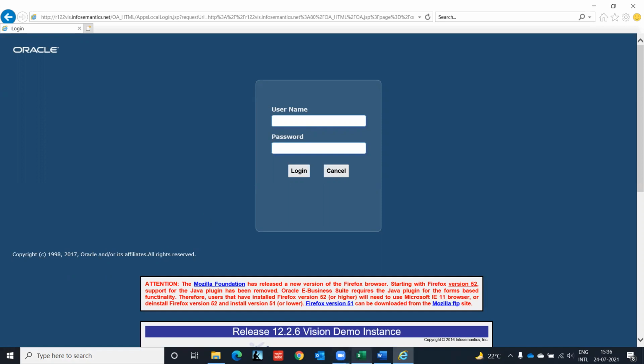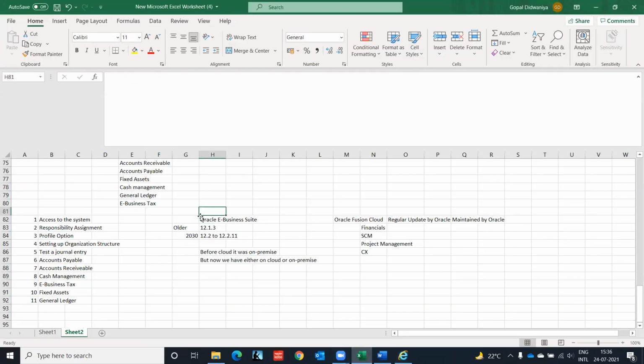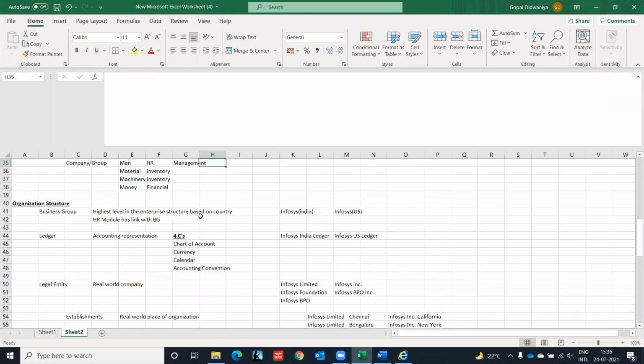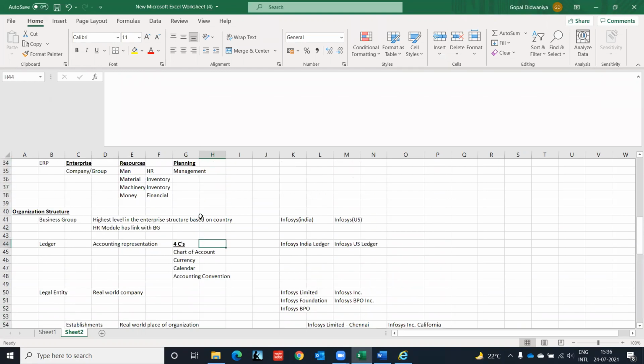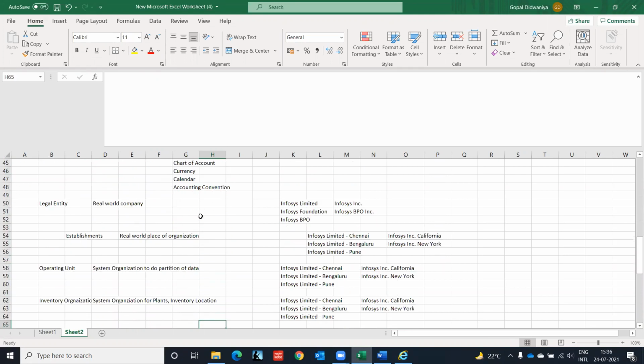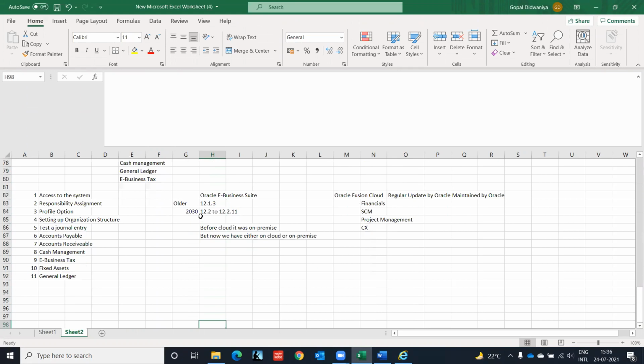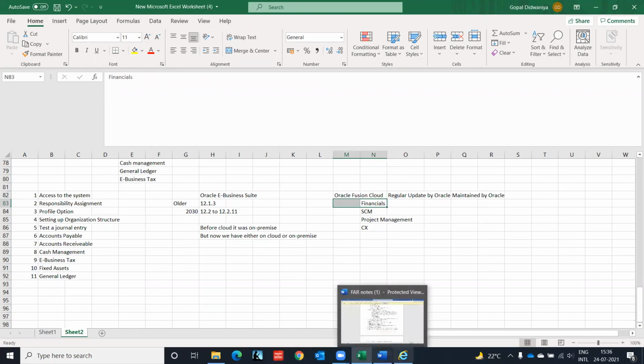The things will change from the start. This organization structure you are looking at here will be the same there in the cloud, but with some modifications. Not an issue. If you learn this also, it will help you understand at least 50% of cloud finance. Just get clarity on what the version is, whether it is E-Business Suite or Fusion Cloud.